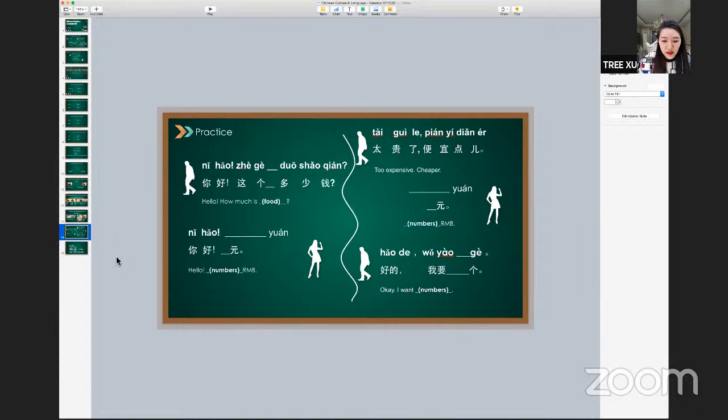You can put numbers inside. 你好10元, like 10 RMB. So let's practice this one first. I will read one more time. 你好，这个包子多少钱？ Or you can say 你好，这个汉堡多少钱？ And the other one says 你好，8元. You can put any numbers you like inside. So let's pick someone to practice.